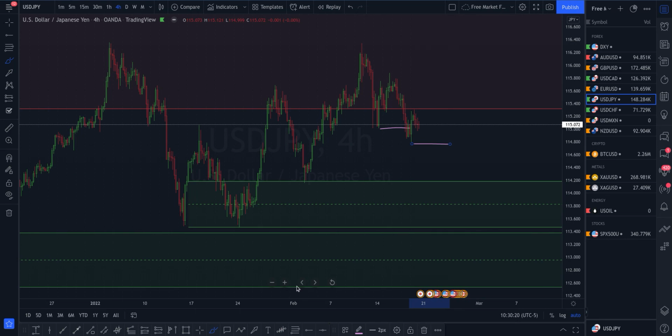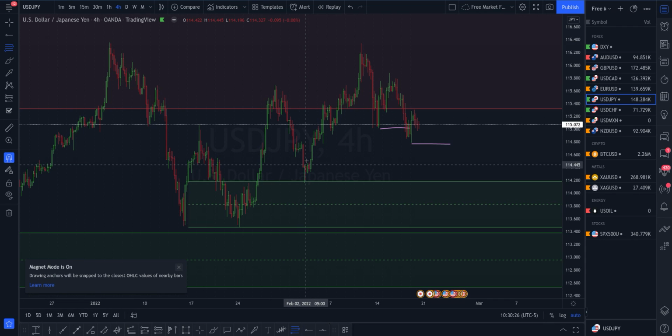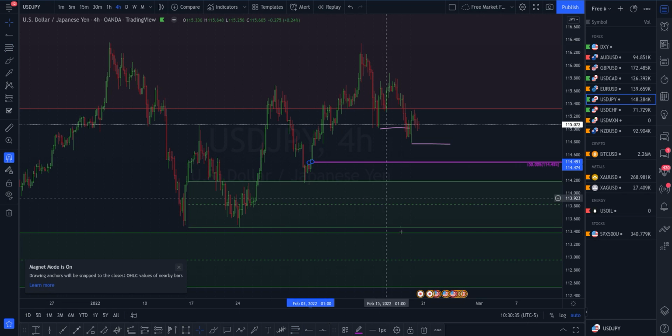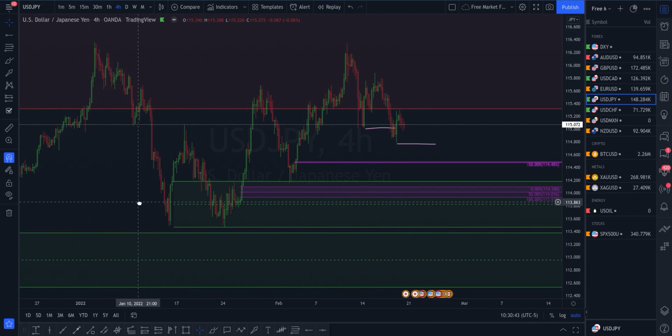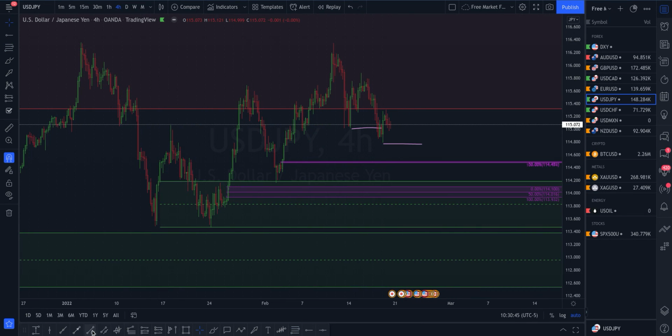Okay. So where can we see this market turn around at? We have imbalance. Very, very small imbalance there. We do have imbalance here sitting in institutional supply.